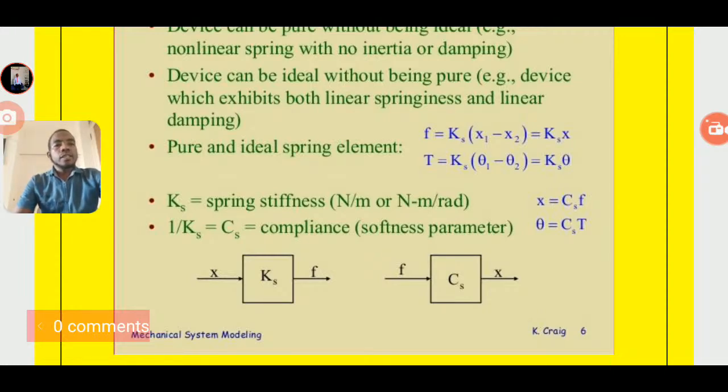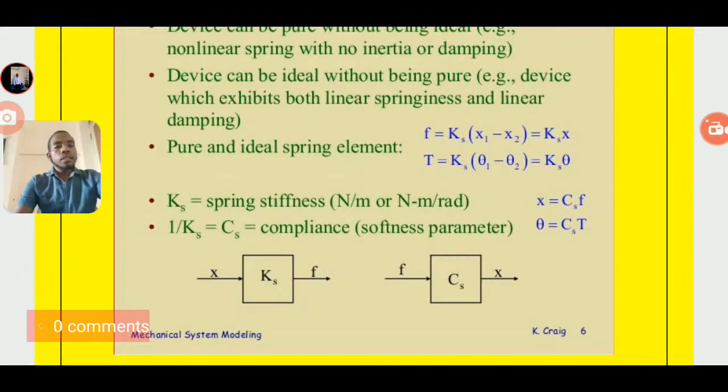So here we are seeing the translational and the angular or rotational cases. The second one is rotational because it is the angular displacement, and the first, x1 minus x2, is the linear displacement. So F is equal to Ks of x.